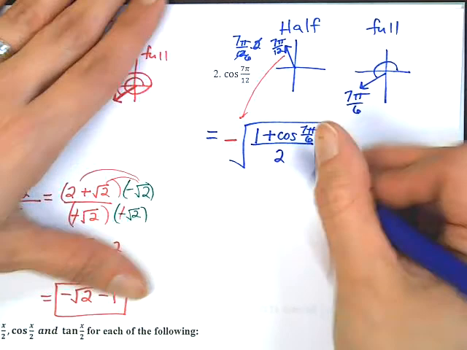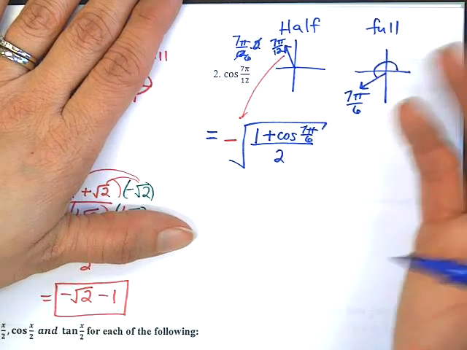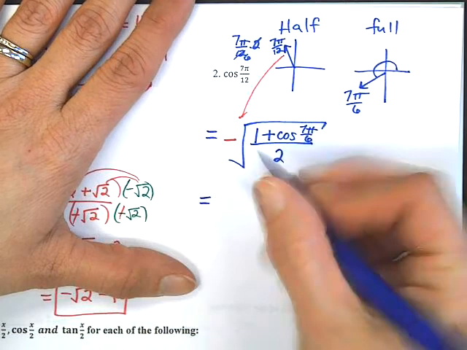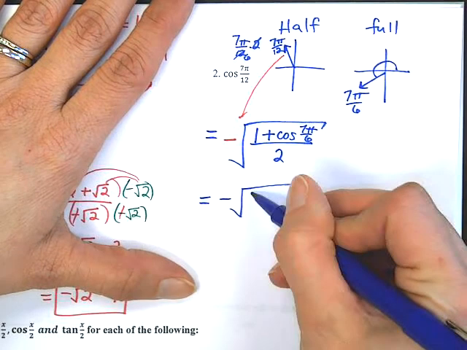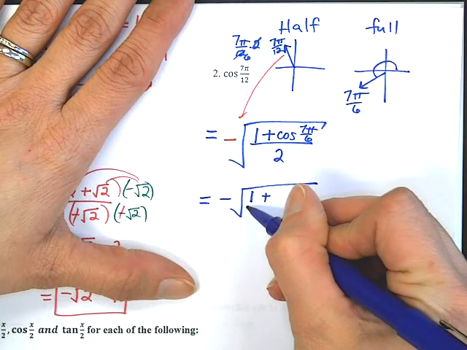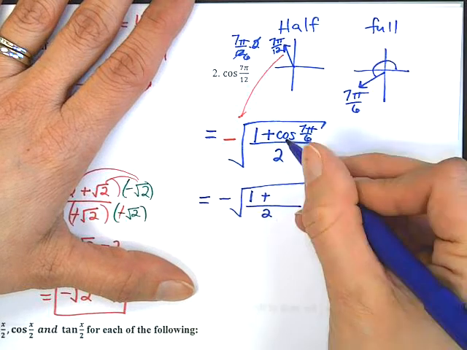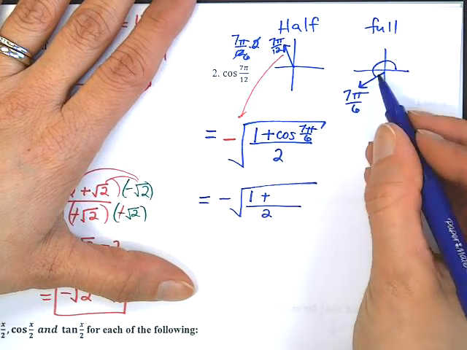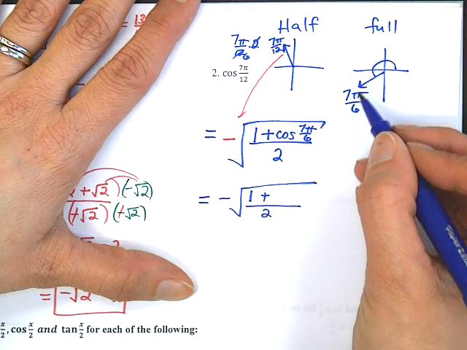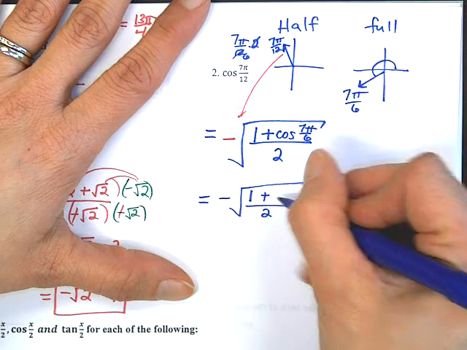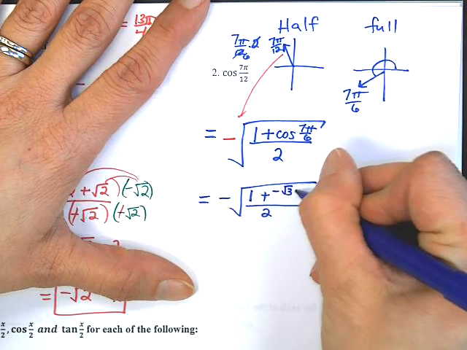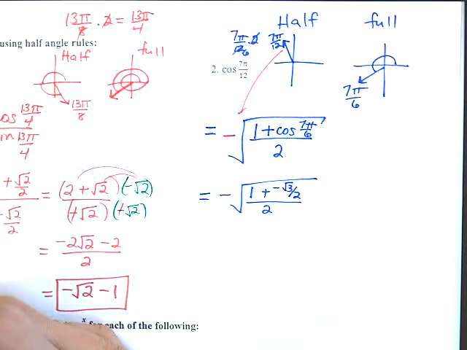Okay, if you've done enough of these, you realize the same thing happens every time. So we're going to have 1 plus cosine of 7 pi over 6, that's in quadrant 3. The cosine there is negative radical 3 over 2. Okay, how should I write that 1?